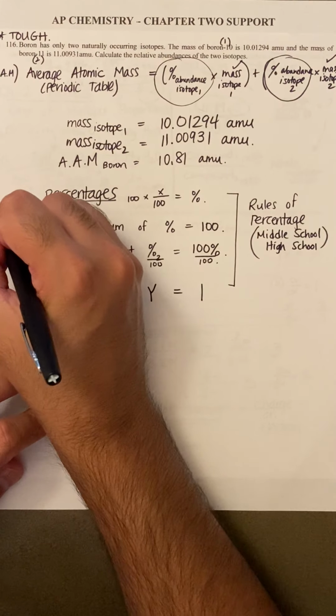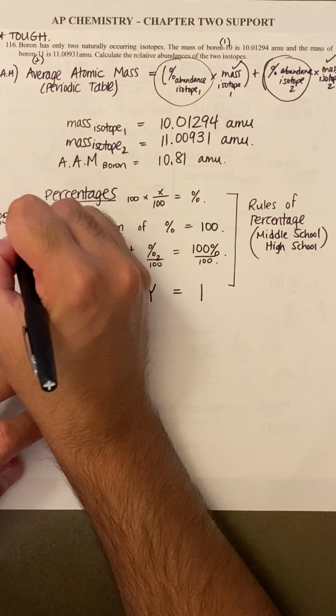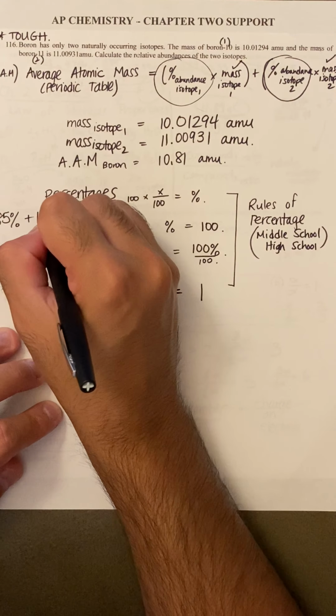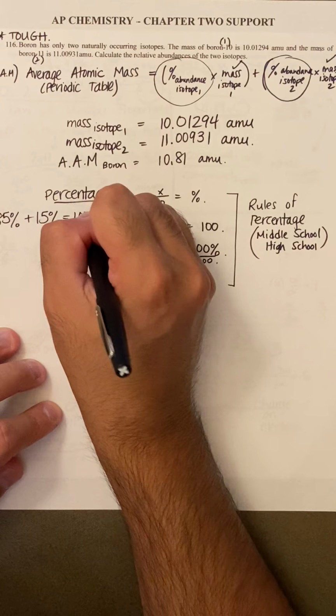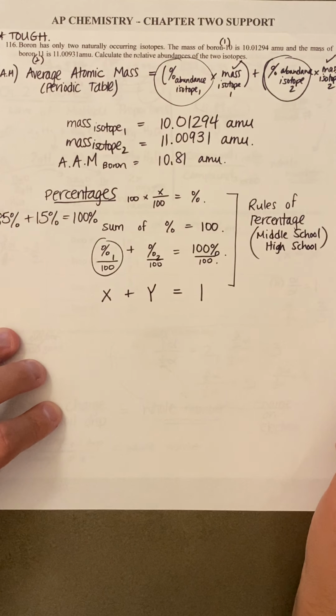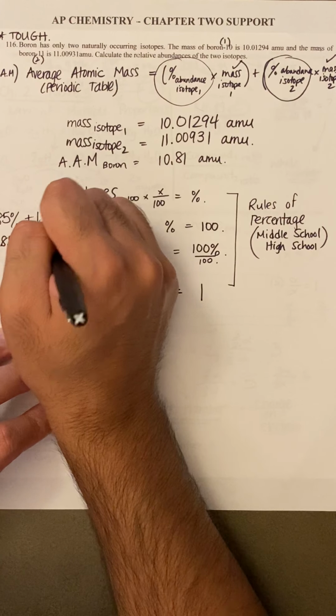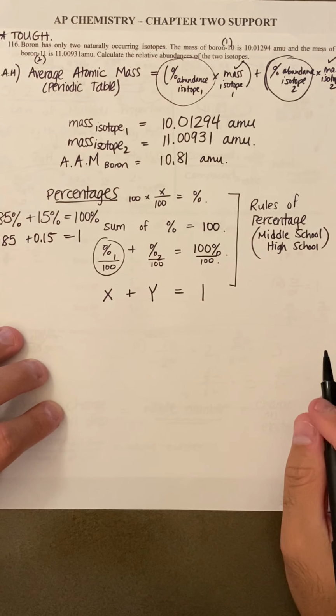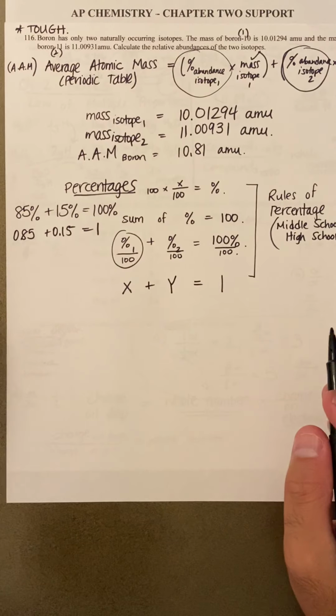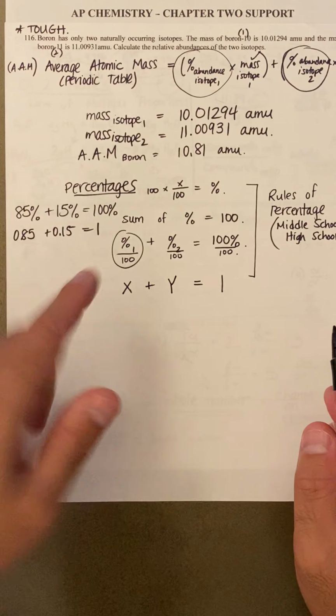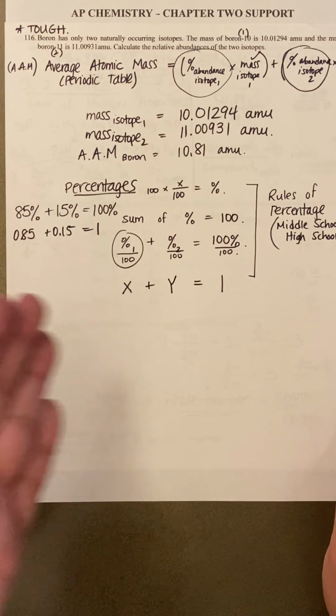So for example, if I had 85%, if I add that to 15%, I'll get 100%. Or 0.85 plus 0.15 is equal to 1. That's how percentages work, because I divide by 100, divide by 100, divide by 100, they will be held true.